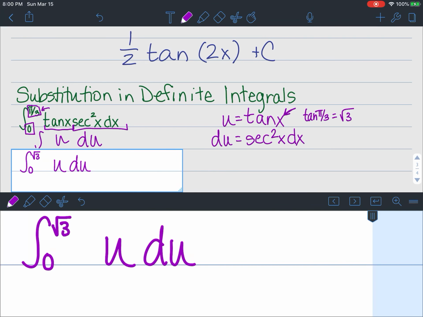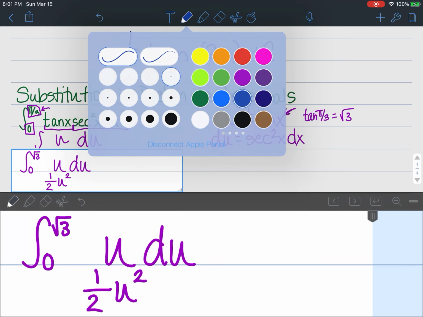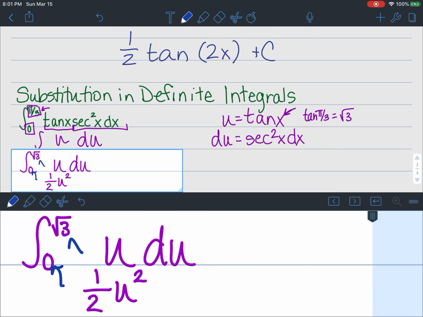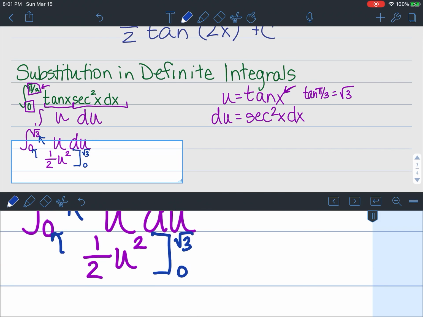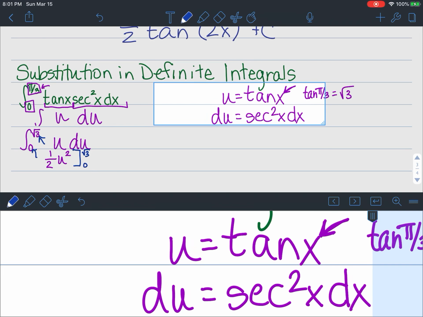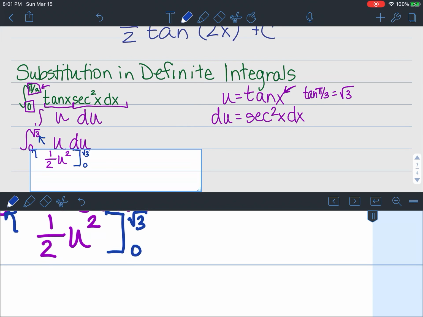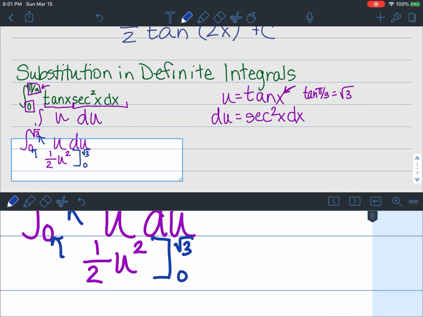So now we're going to integrate this u function, and that's going to be 1/2 u squared. I'm not going to have the plus c this time because I actually have limits of integration. So because I changed the limits of integration so that they were with respect to u as opposed to x, I will not have to substitute tangent x back in for u when I'm finished.